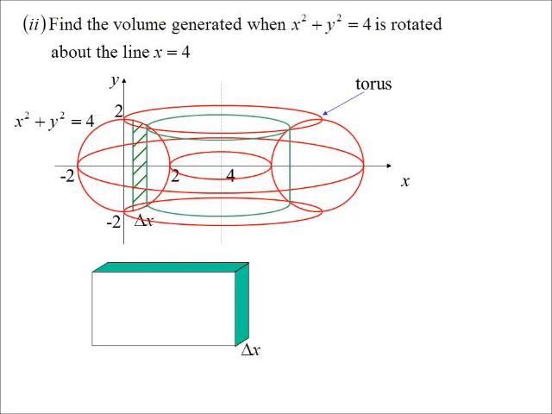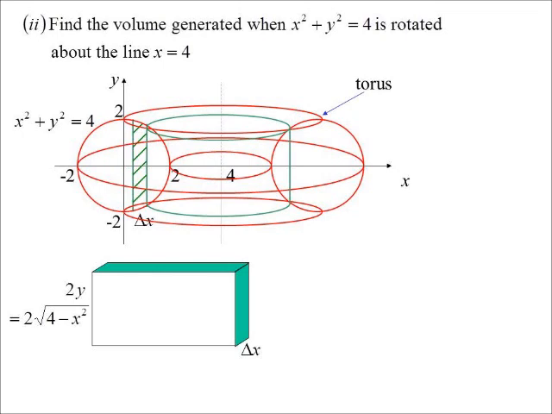So all right, let's have a look at all the different features. We know the height of it. Well, again, we've got twice the y value because we've got a bit above, bit below, but we've got symmetry there. I want that in terms of x. So if I rewrite my function, I'll get 2 lots of the square root of 4 minus x squared. The radius in this case, okay, we're rotating around 4.